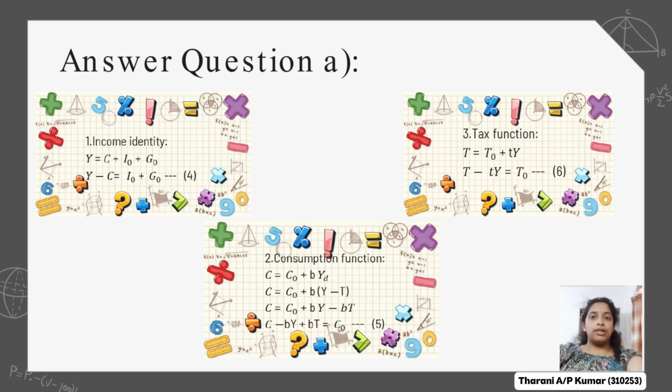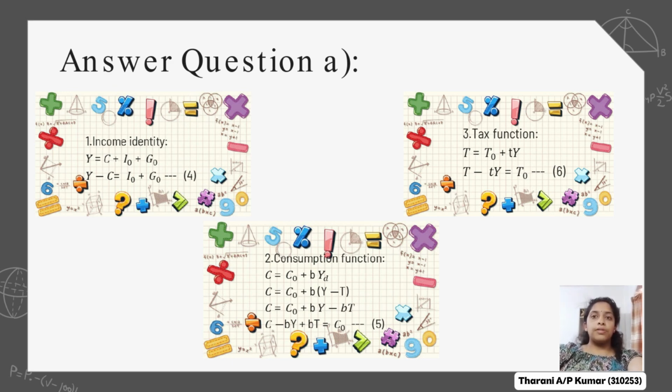The second equation is the consumption function. Consumption C equals autonomous consumption plus marginal propensity to consume times disposable income. So, C equals C sub 0 plus B times Y sub D. Disposable income Y sub D is income minus tax.